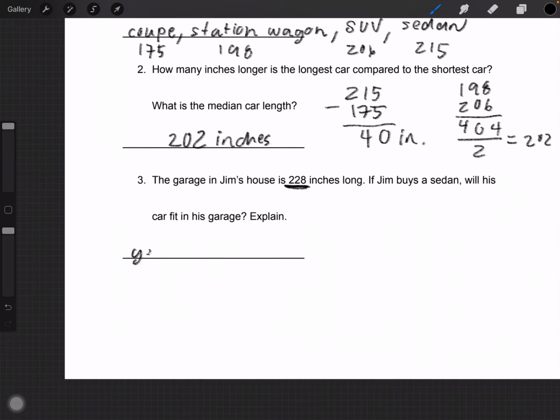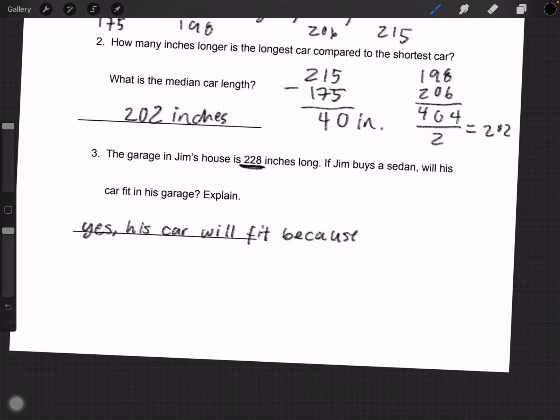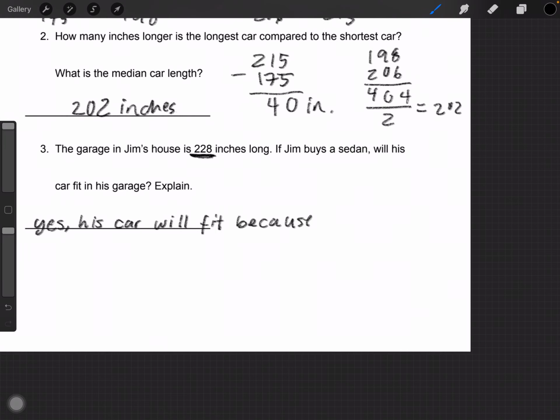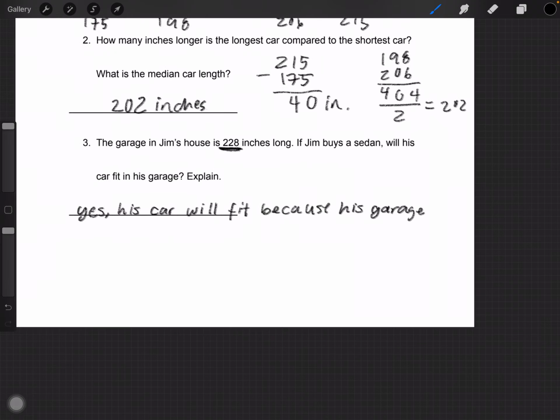Yes, his car will fit in because his garage is bigger than his car, or longer. Either way, this is interchangeable.